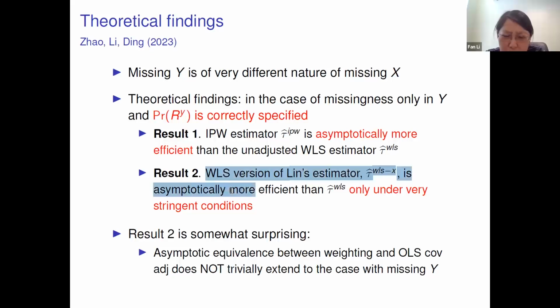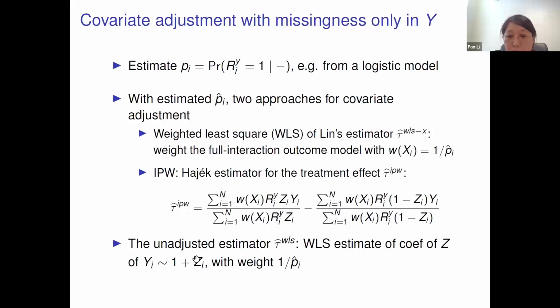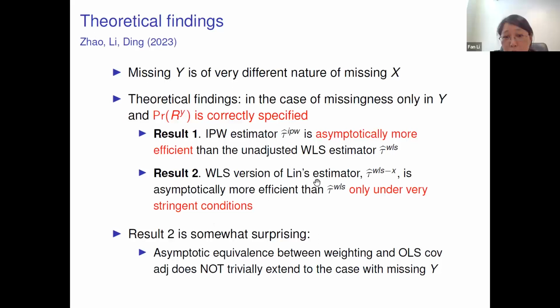What we find is that very often, theoretically, just doing the unadjusted weighted least squares, not the Lin estimator, is actually more efficient, in most cases even more efficient than the WLS version of that. IPW doesn't have that problem. As I said, this is pretty striking because we thought the asymptotic equivalence between weighting and OLS would trivially extend to this case with missing Y, but the result is not.